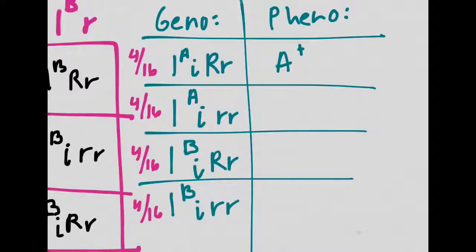Down here, capital IA little i will again be type A blood, but the little r will give us negative. Then down here, capital IB little i will give us type B blood, and the capital R little r will give us positive. Capital IB little i will give us type B blood, but the little r will give us negative. So there we go for our ratios.